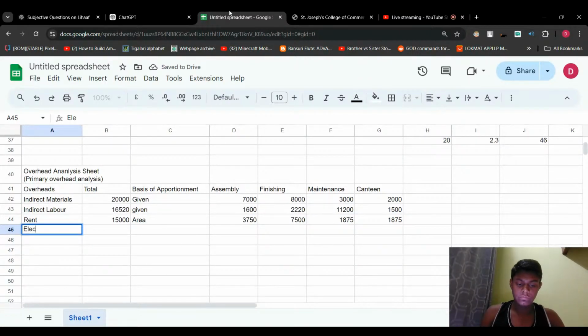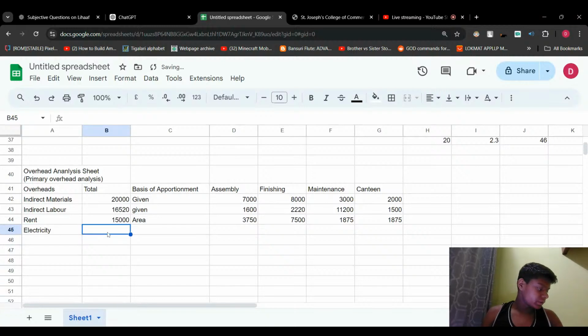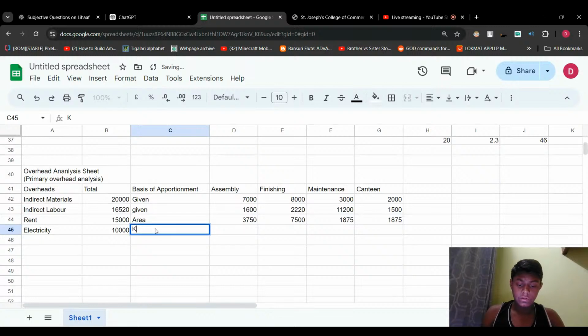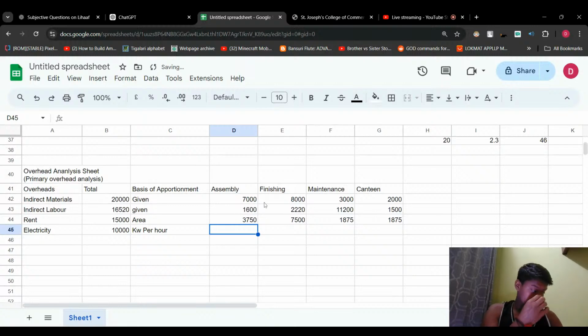Now electricity. How much is given? 10,000. The basis is kilowatt hours, which is already given in the question. That'll be 2,750. Same method which I told for rent.